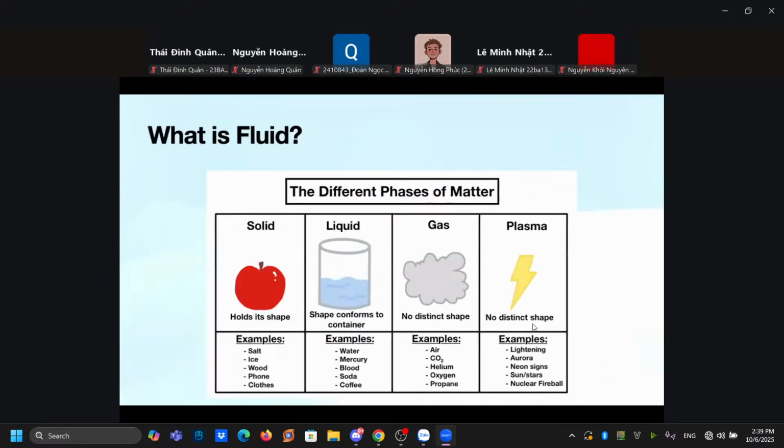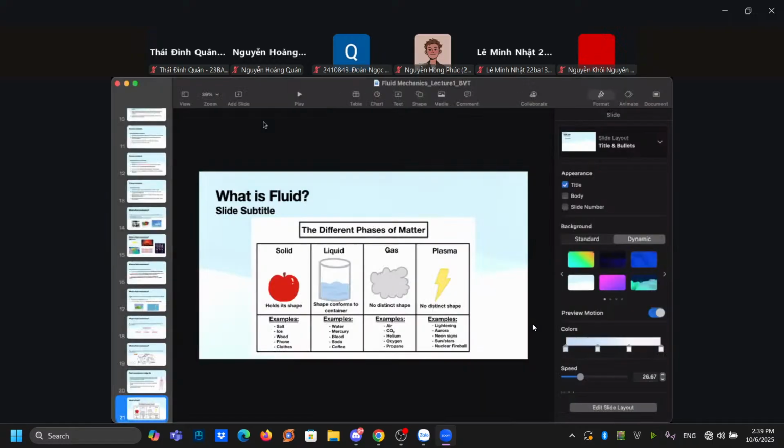So what is fluid actually? You know that there are four different phases of matter. It can be solid, like in this example, the apple. You can hold its shape easily. Or you have another phase of matter, the liquid. For the liquid, you can use some container to keep the liquid, like the water.